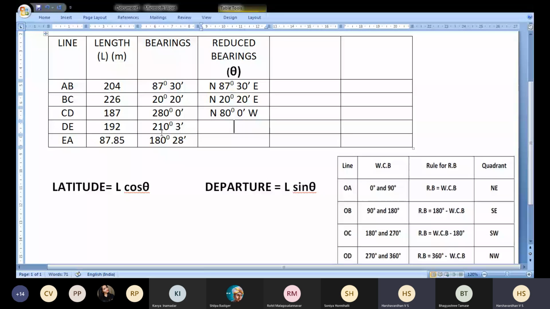So for next line DE, 210 degree 3 minutes. What will be reduced bearing? 210 degree 3 minutes.